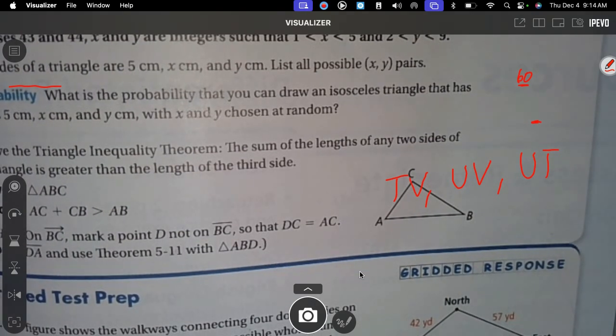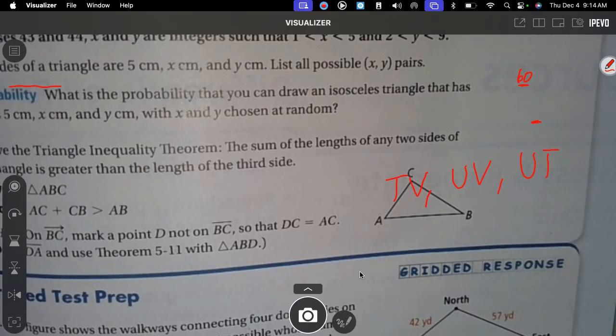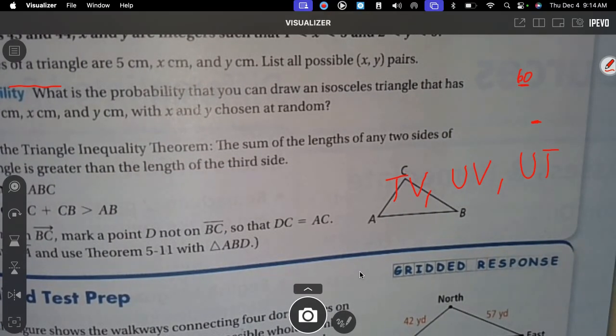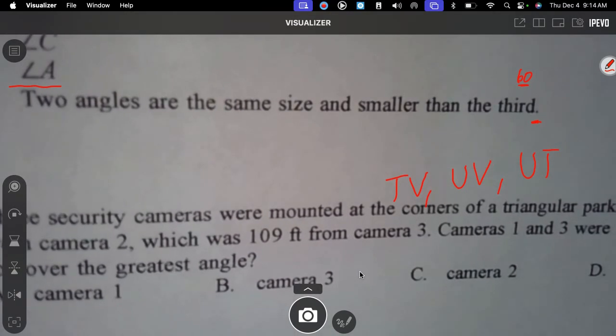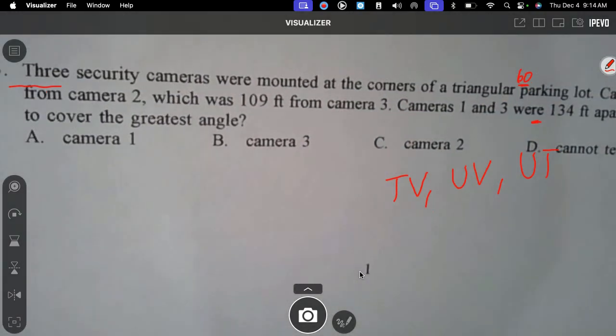Because you have somewhere you just need to draw a picture. Let me help you draw this out. On number 3 for a second.